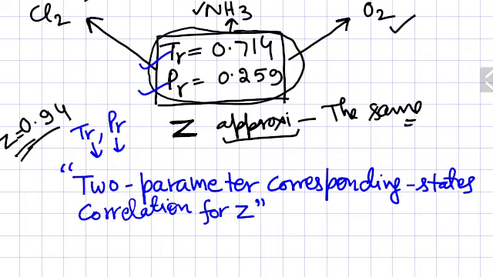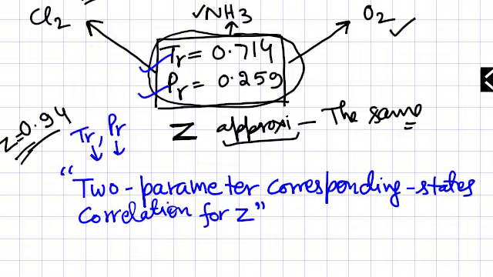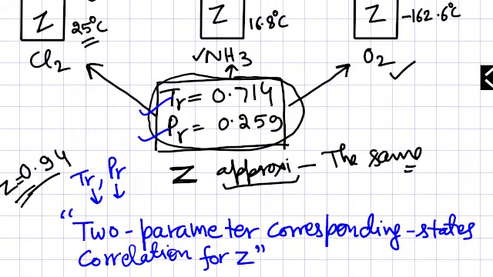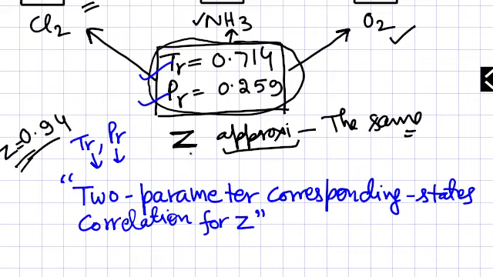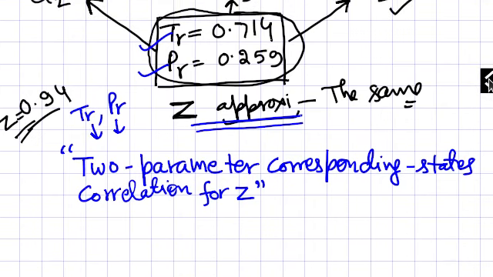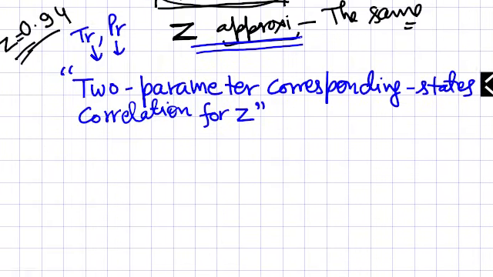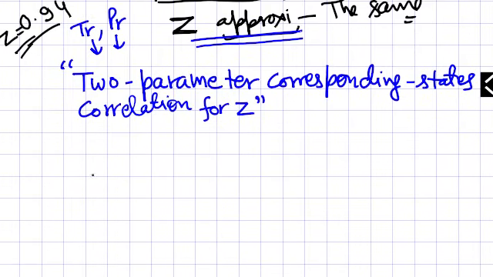And now something important to tell you: I told you that Z is approximately the same, it is not exactly equal. So this problem was there and people tried to solve it. Then they found that the value of Z is approximate because of the molecular structure of the gases.